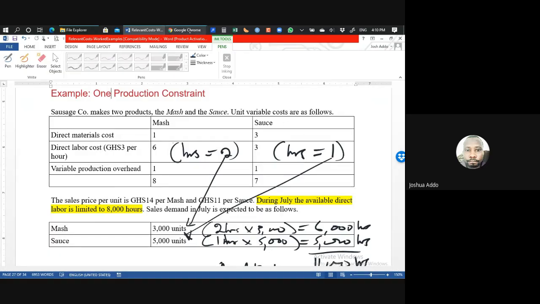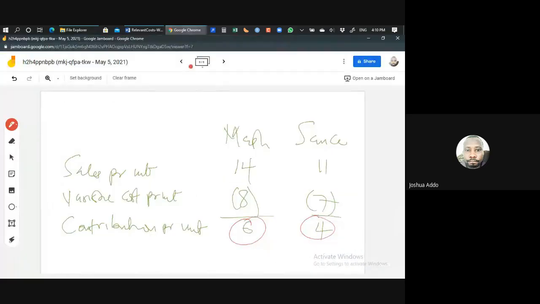So we come here, and probably we can bring this one first. So we can now say labor hours per unit. This is 2, this is 1.